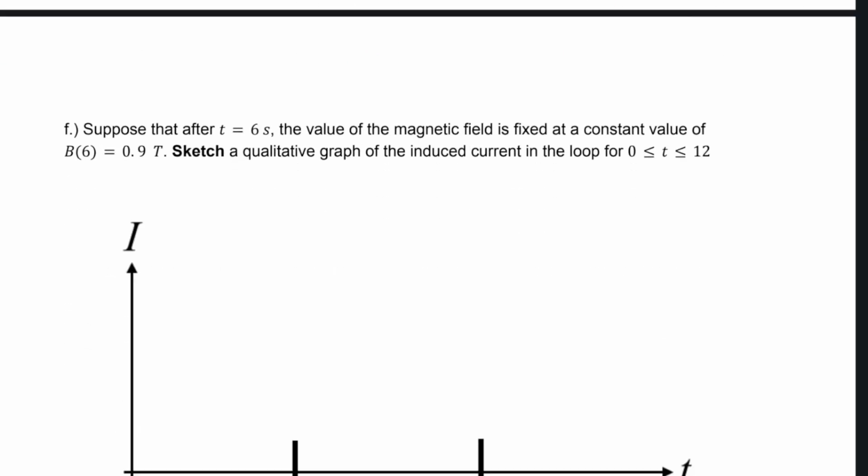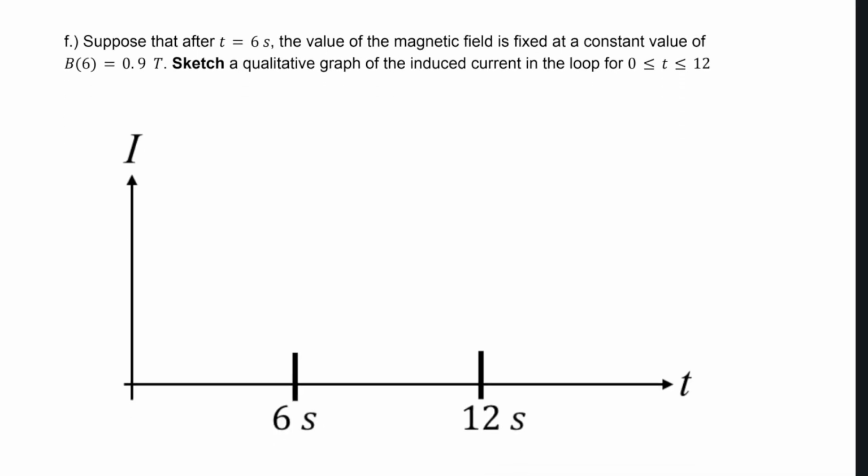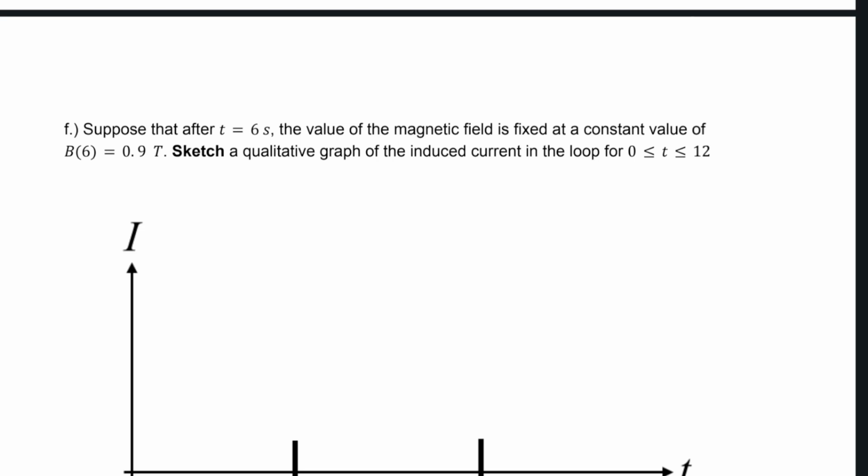Suppose that after t equals 6, the magnetic field is fixed at its constant maximum value. So you could check that if I plugged in t equals 6 to the magnetic field expression, I would in fact get this value. Sketch a graph of the current in the loop versus time. So it's definitely easier just to think about what's happening with B, first of all.